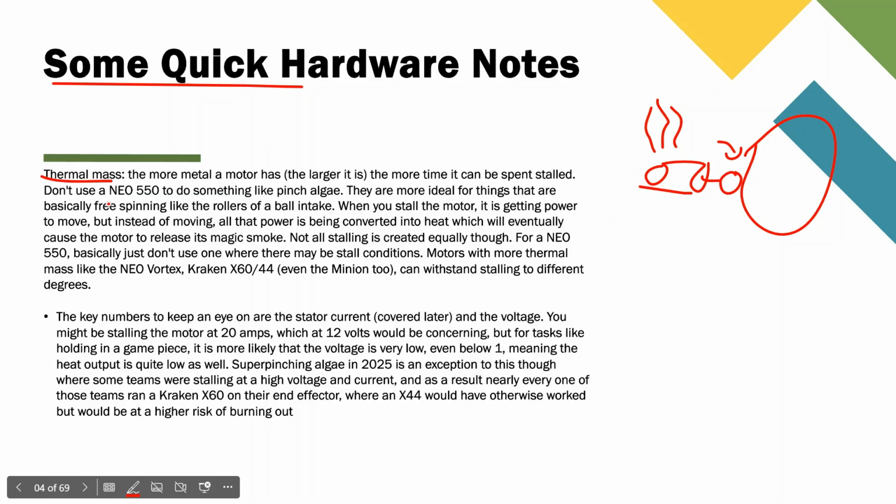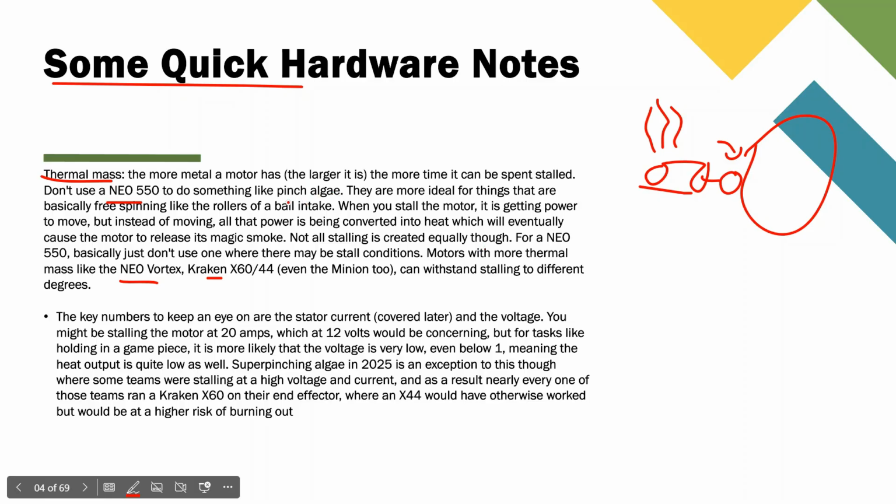For example, a Neo 550 really sucks at it compared to some other motors like Neo Vortex, Krakens, or Kraken X60s or X44s, right? You might hear this referencing a previous game called Reefscape.